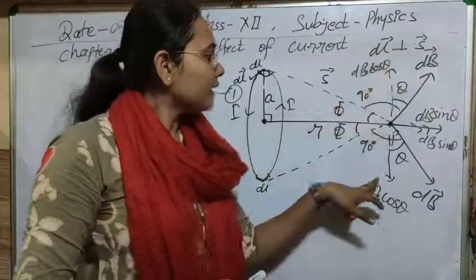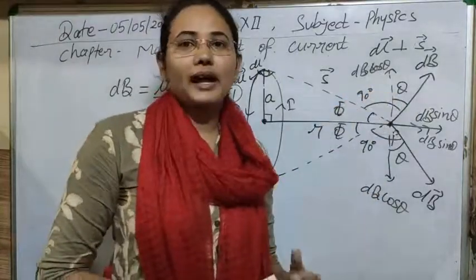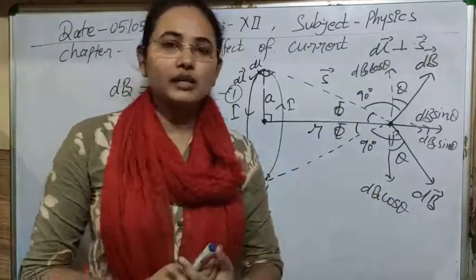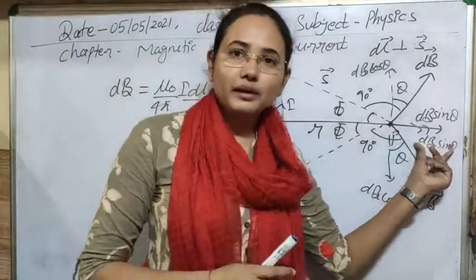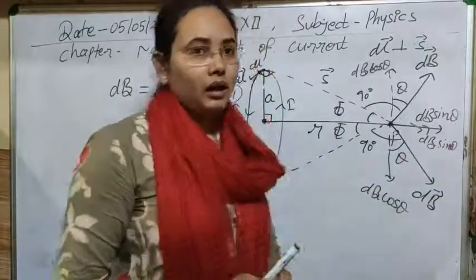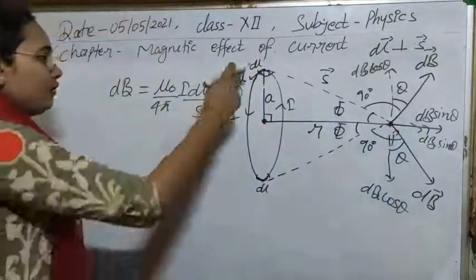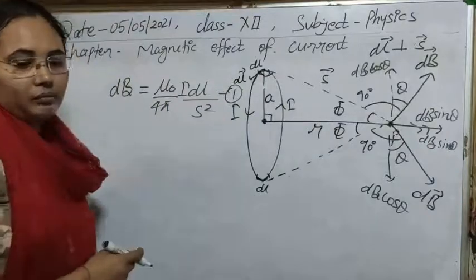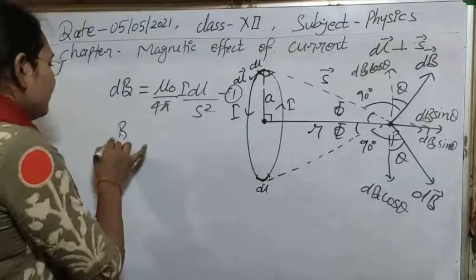Now you can see that these two horizontal components cancel each other because they are in opposite directions, but these two components add up to give the net magnetic field due to these two current elements. So we can now find the value of the magnetic field due to these two current elements. Suppose we write it as dB.